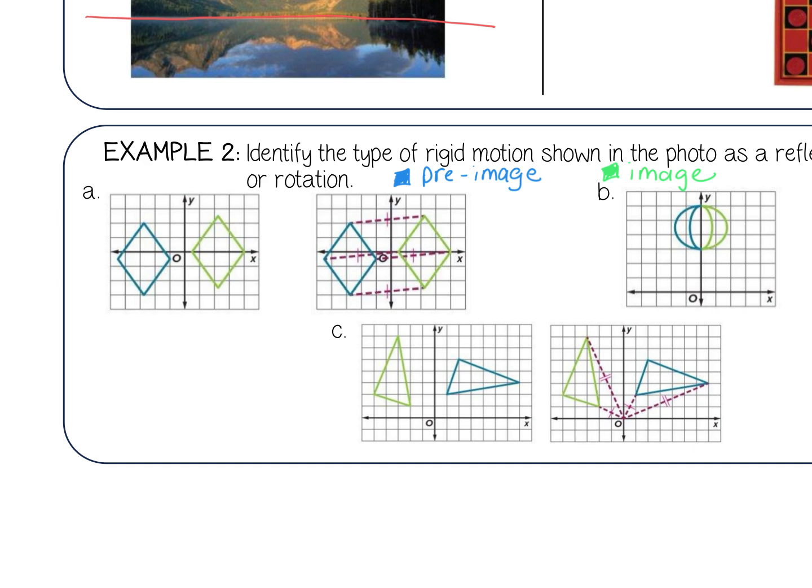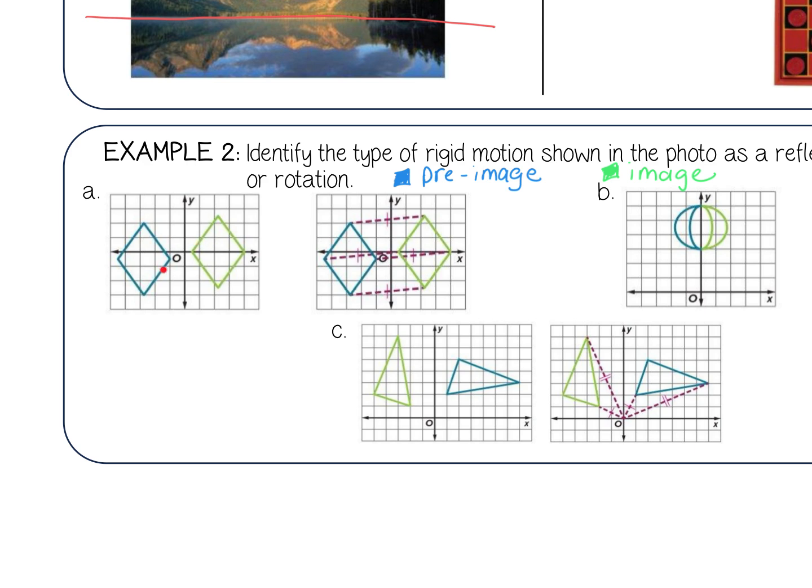All right, so here we have a diamond that looks exactly the same right here. The orientation's the same, the size is the same.